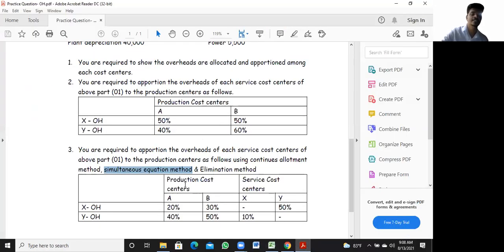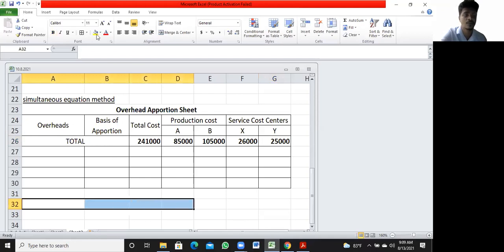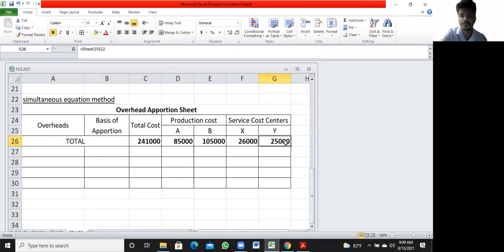In the sum, you can see there are two service cost centers, namely X and Y. Then 50% of X service is provided to Y, and 20 and 30% belongs to production cost centers A and B. Okay, and in the sum we have already identified that service cost center Y has 25,000 direct cost, which we identified directly.